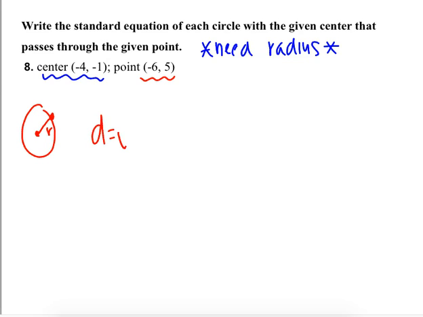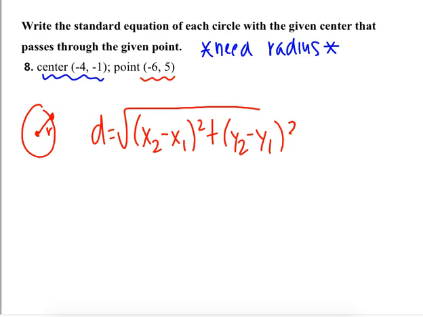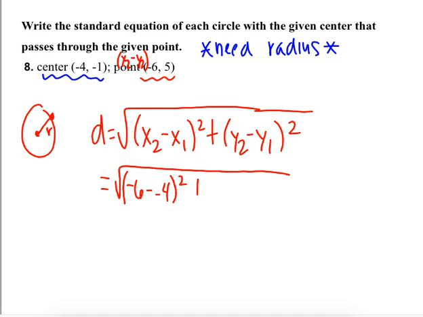Distance formula: x2 minus x1 squared plus y2 minus y1 squared. I am going to make this my x2, y2 coordinate. Okay? So -6 minus -4 squared plus 5 minus -1 squared.